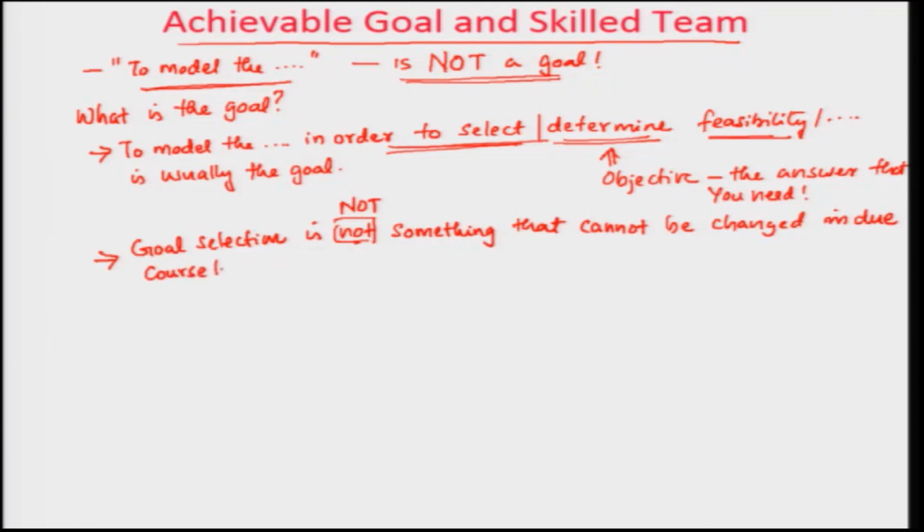Okay. So, what we are saying here is that it is not something that cannot be changed, you can change it as time progresses, you can do that.